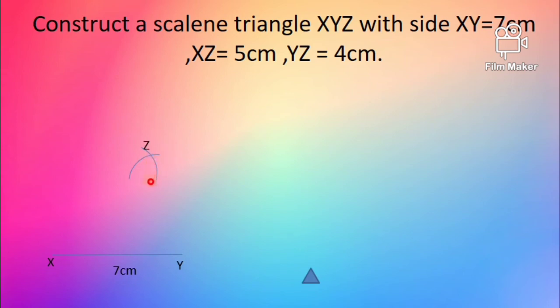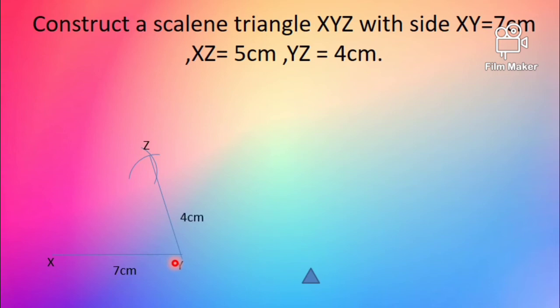Now we have to join the points XZ and YZ. First we will join YZ, which is of 4 centimeter. You can see this is because the arc is of 4 centimeter, so the line should be of 4 centimeter.